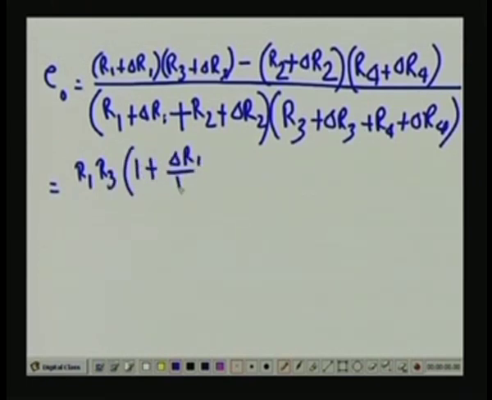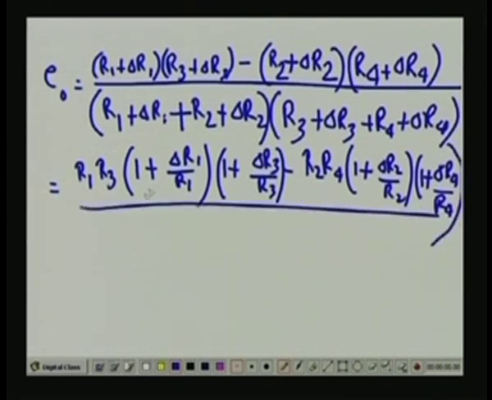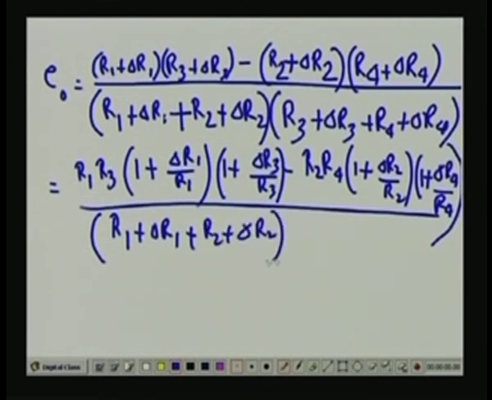R1 R3 into 1 plus delta R1 by R1 into 1 plus delta R3 by R3, minus R2 R4 into 1 plus delta R2 by R2 into 1 plus delta R4 by R4, bracket closed, upon the same denominator. This we can almost write because delta R1 and delta R3 will be very small, so the multiplication of these two terms we neglect.